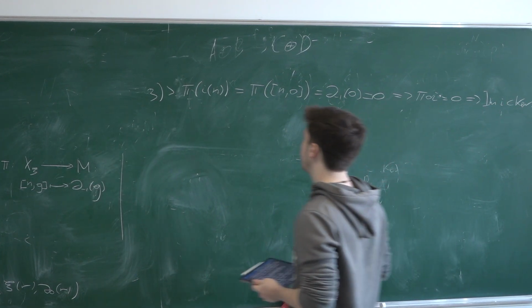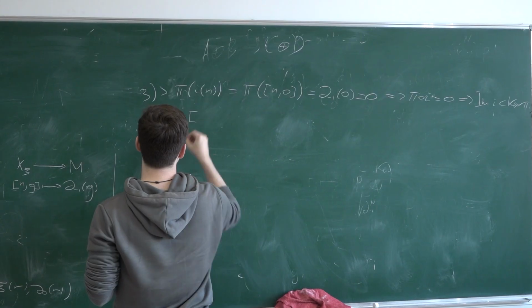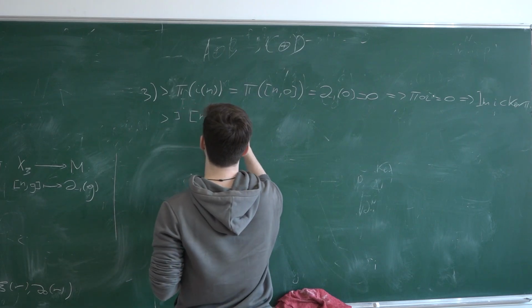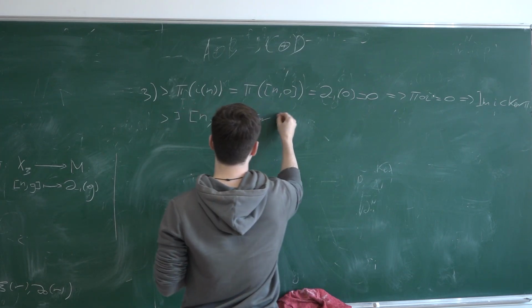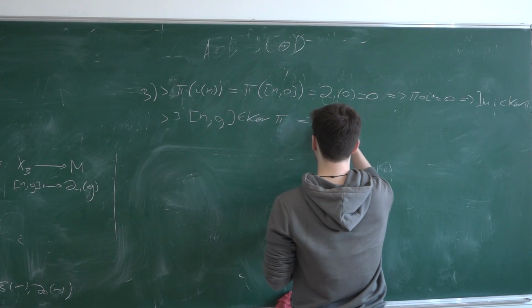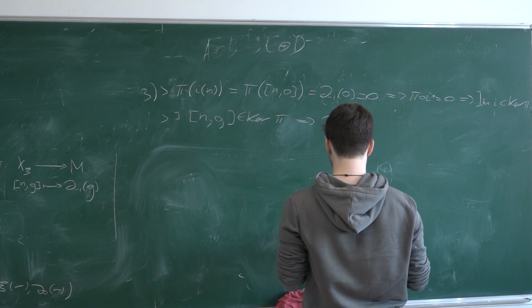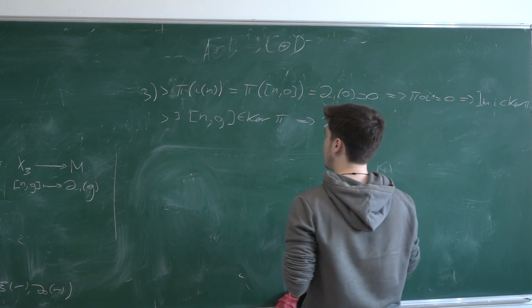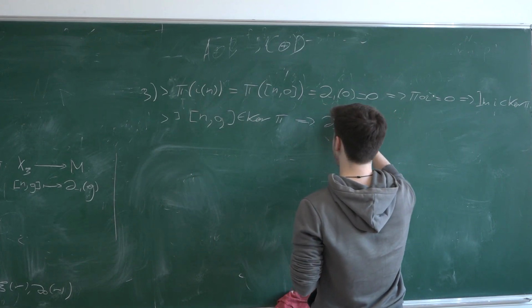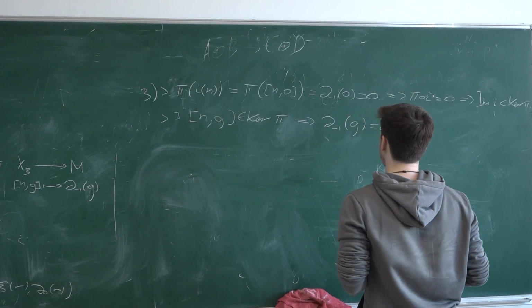Okay, let some element be in the kernel, the other direction. Let's take some element from the kernel. By definition, if we use pi here, we obtain that d minus 1 of g is zero.